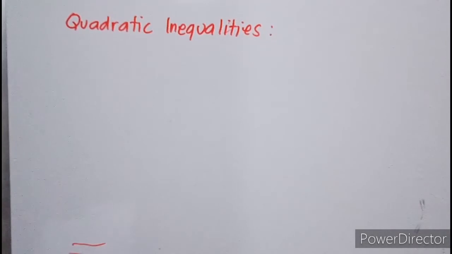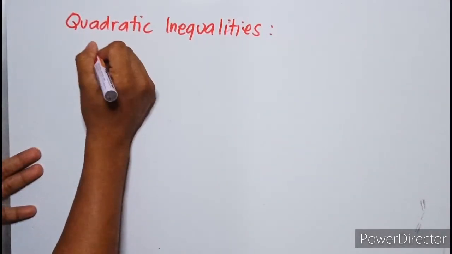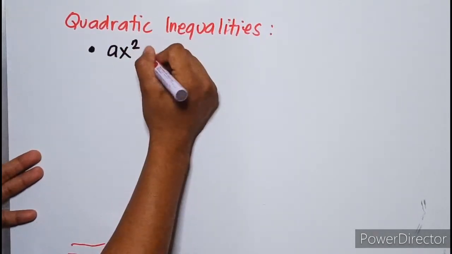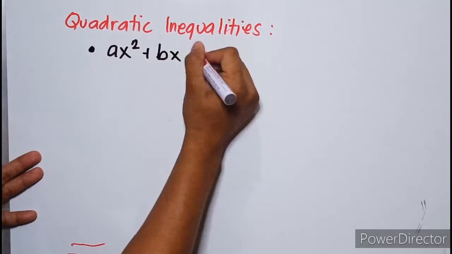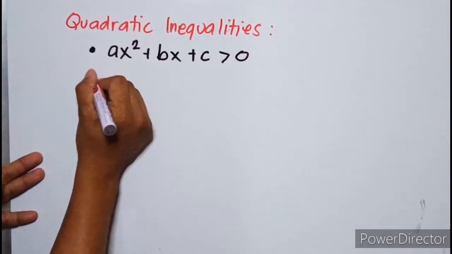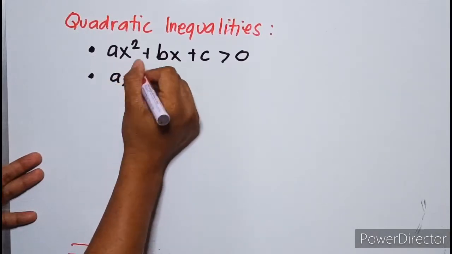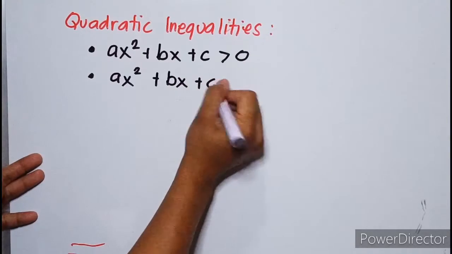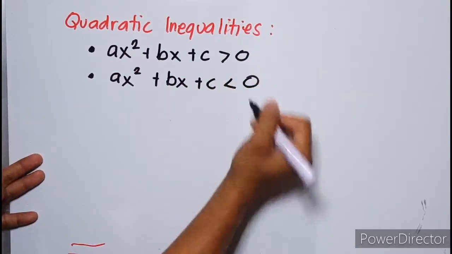Quadratic inequalities. Forms of quadratic inequalities. So we have four forms. The first one is ax squared plus bx plus c is greater than 0. The other one is ax squared plus bx plus c less than 0.